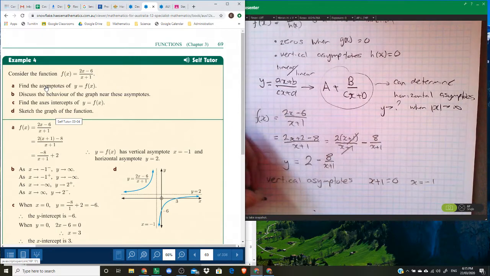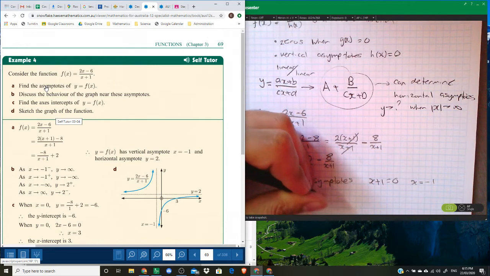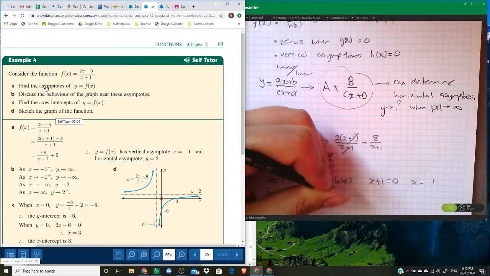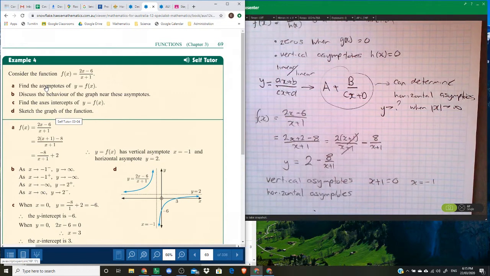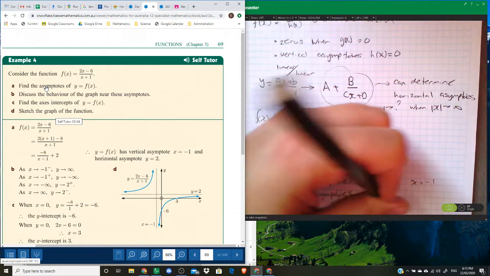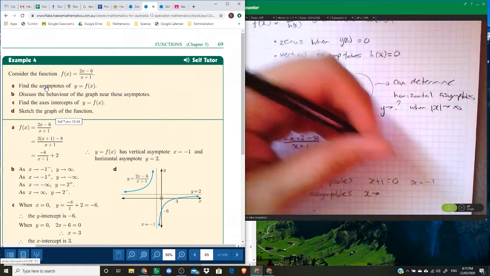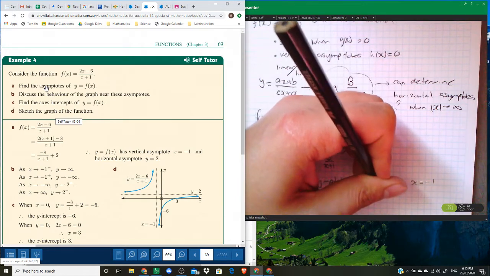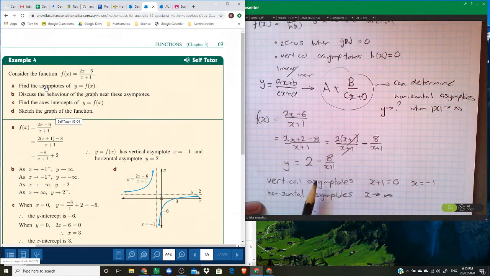The horizontal asymptotes. All right, so as x approaches infinity, what happens to this?